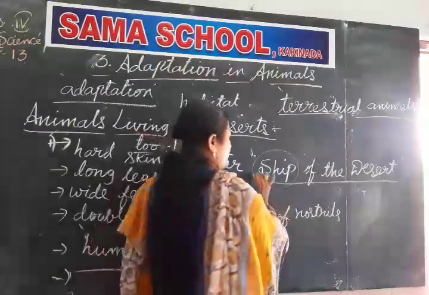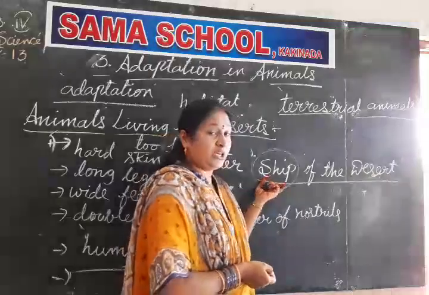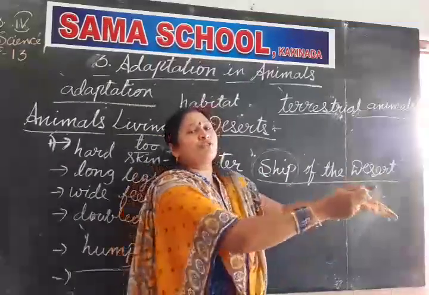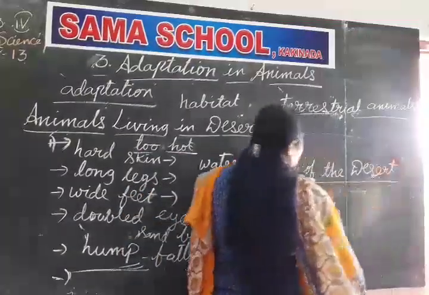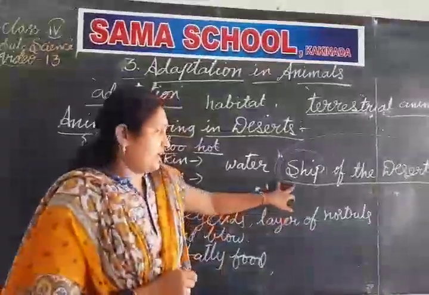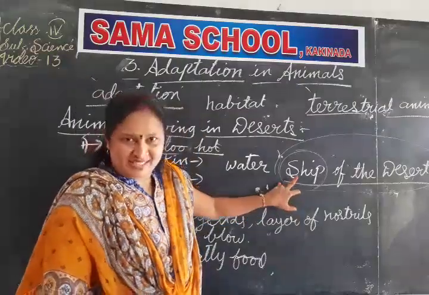For transport, when they are unable to walk, they sit on the camel and move from place to place. For all those purposes they use the camel. This way, the camel is also known as the sheep of the desert.